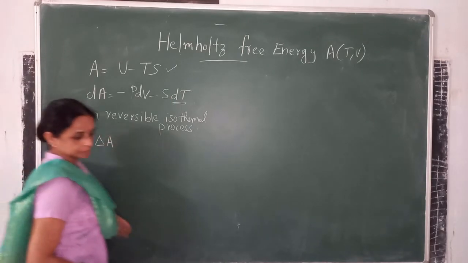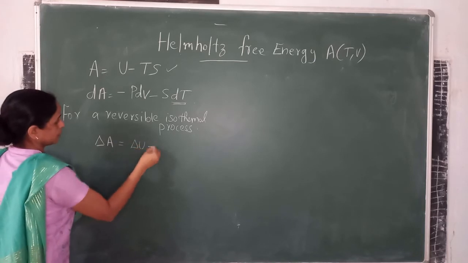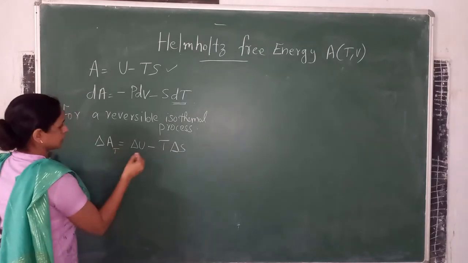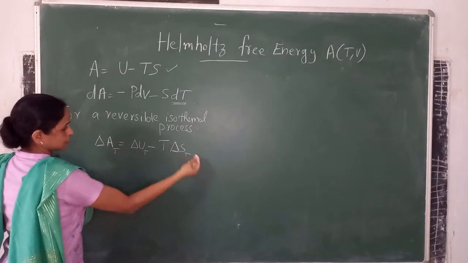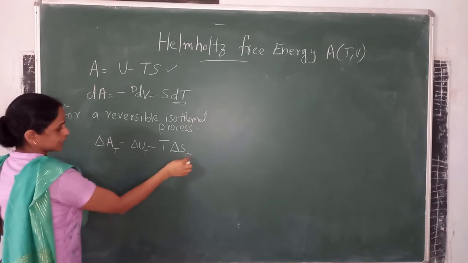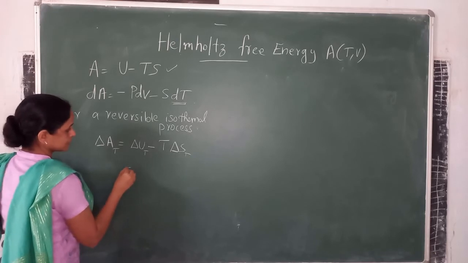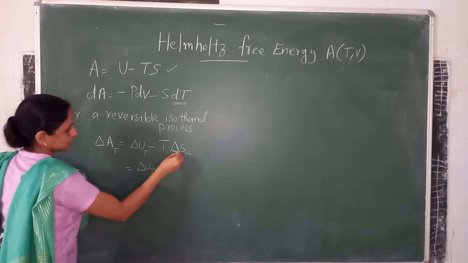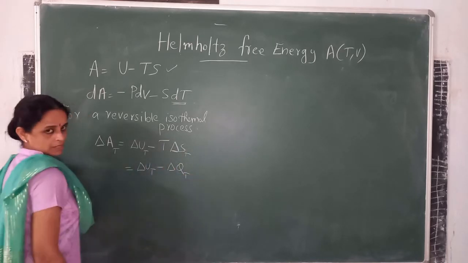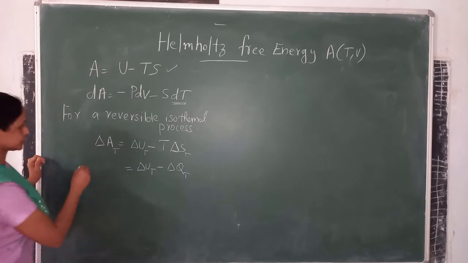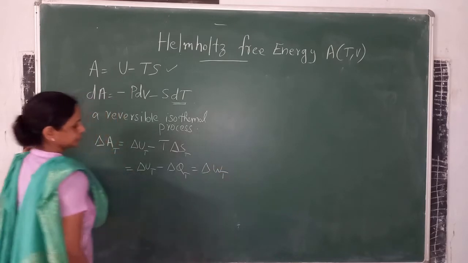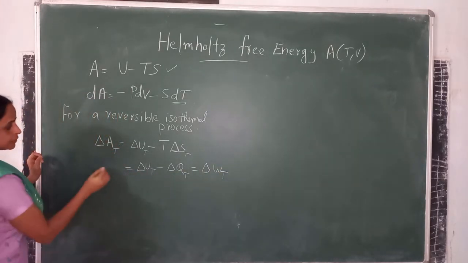For a finite isothermal process, the equation can be rewritten as delta A is equal to delta U minus T delta S. Here T delta S is delta Q at constant temperature, and this is the finite work from the first law.